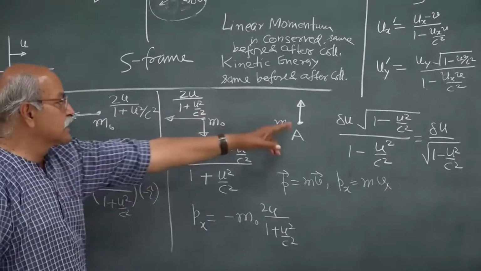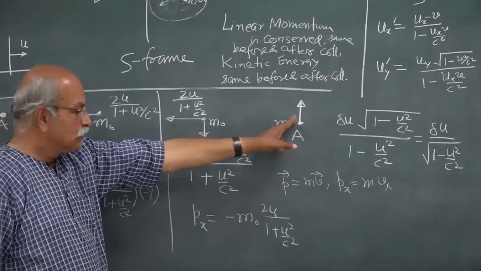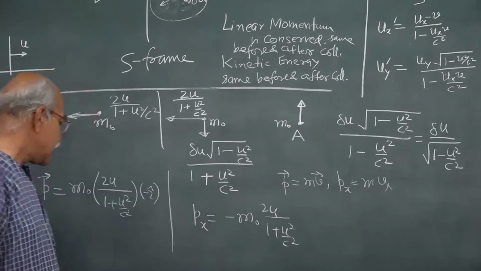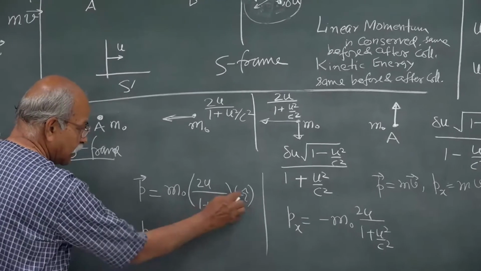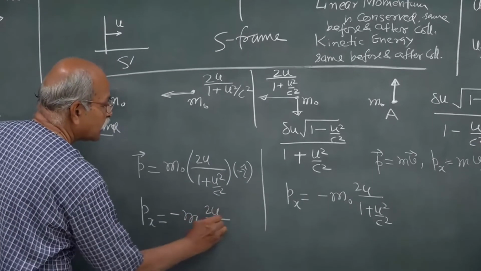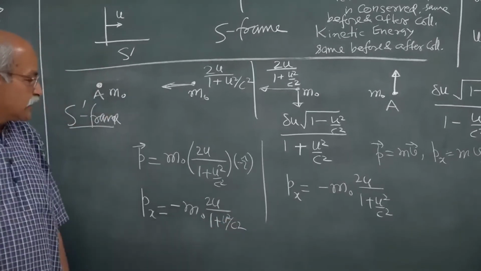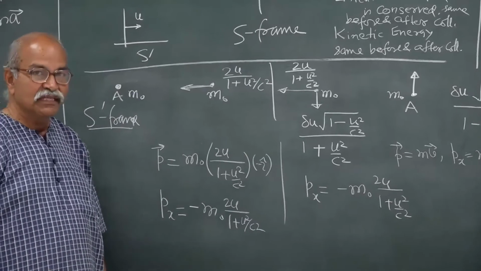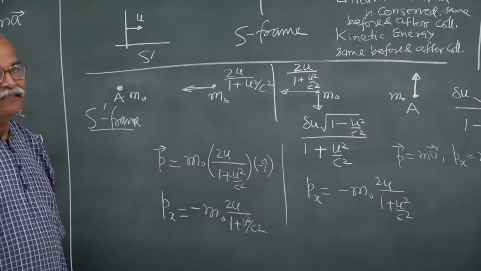Here this is 0, it does not have any x component in the velocity. So this is the total px, and the total px before was minus m naught 2u by 1 plus u square by c square. So yes, the x component of the linear momentum is conserved. Before the collision it is this, after the collision it is this.